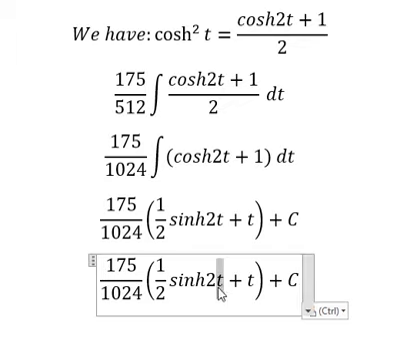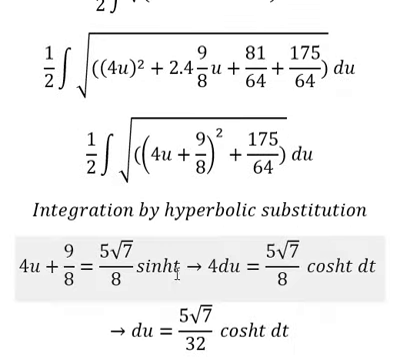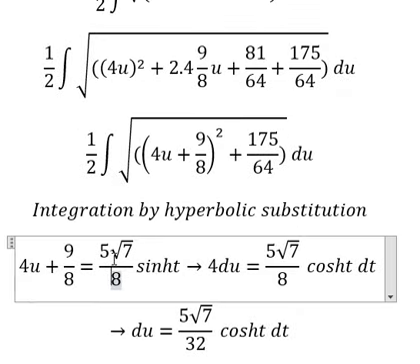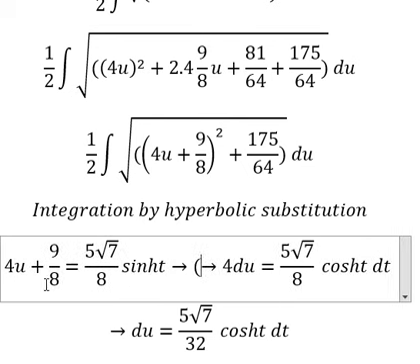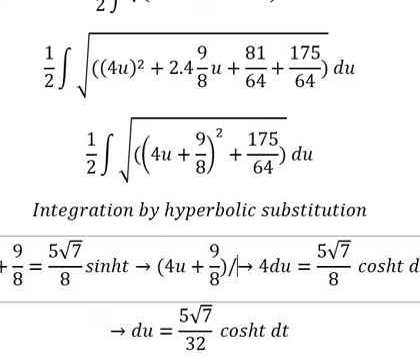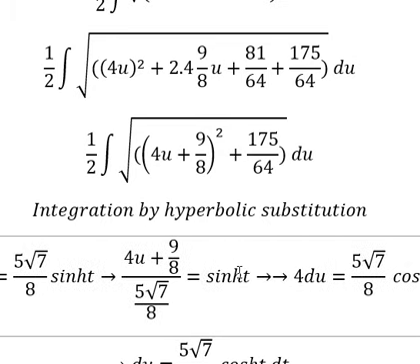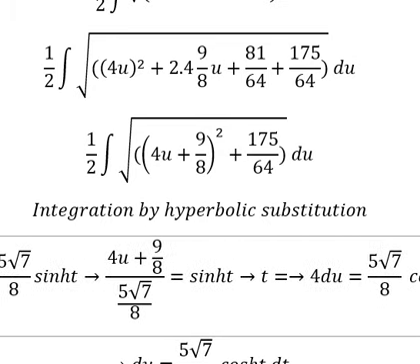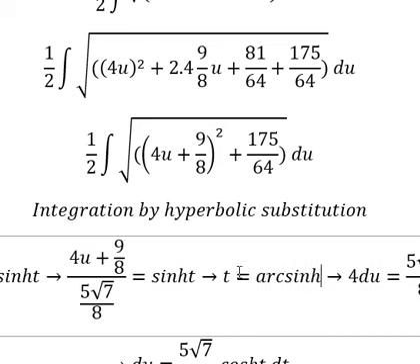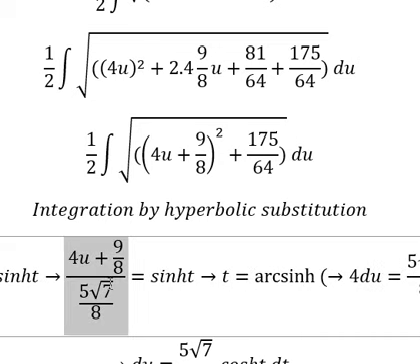About t, that is this one. So we divide both sides by 5 with the square root of 7 over 8. And now we have t equals arcsin of this one.